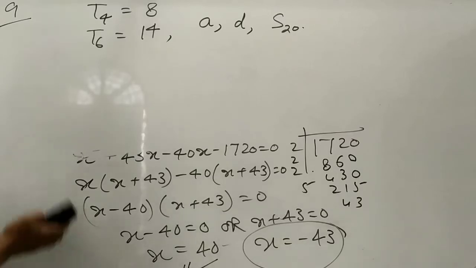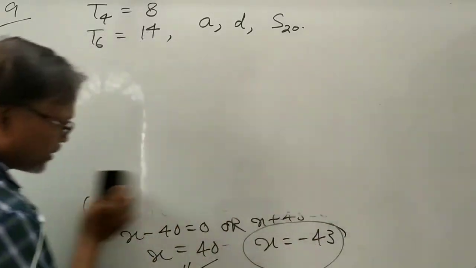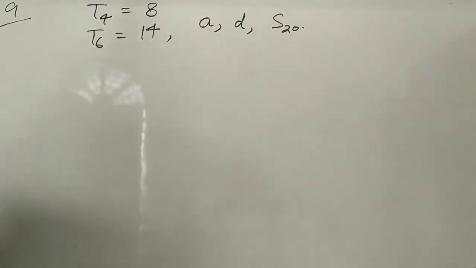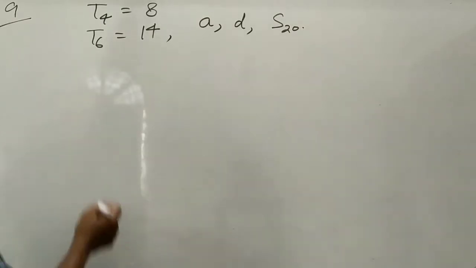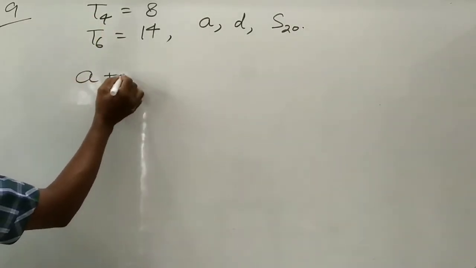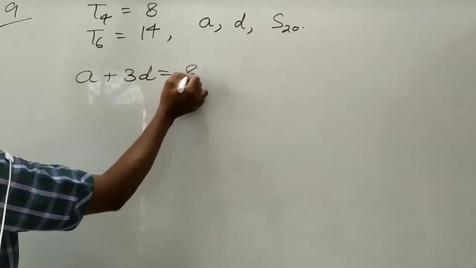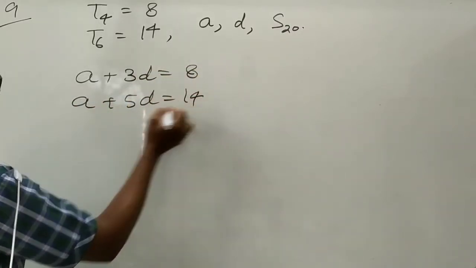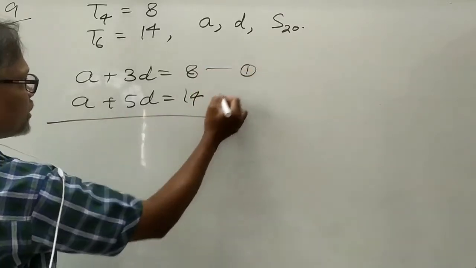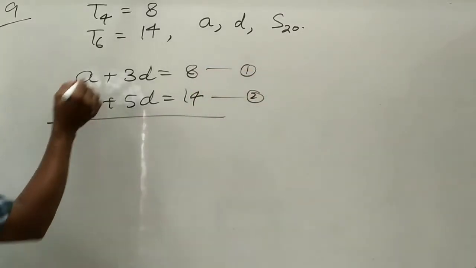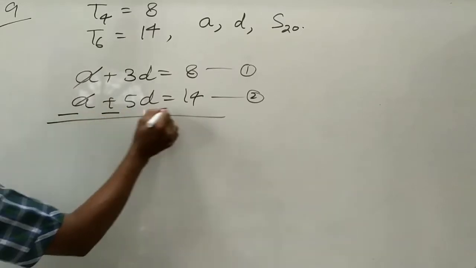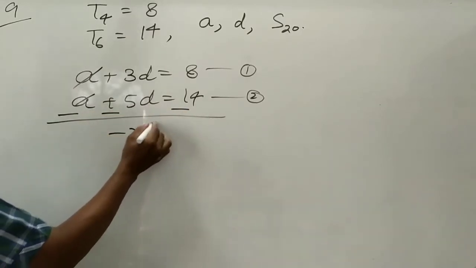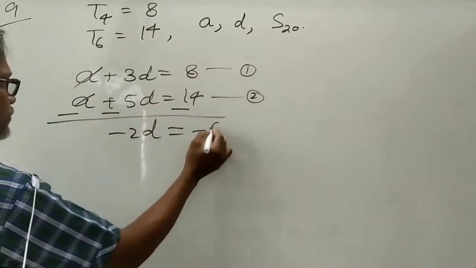So easily you can find because you have done this type of question in exercise 9.2. T4, as you know, is a plus 3d and T6 means a plus 5d. By using these two equations you can solve simultaneously and get the values of d and a.